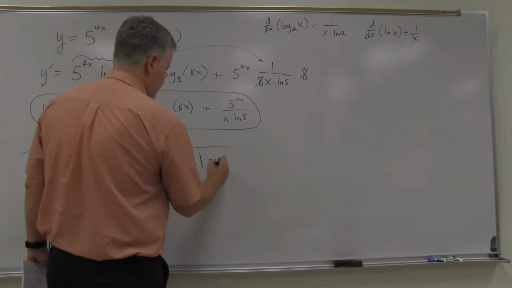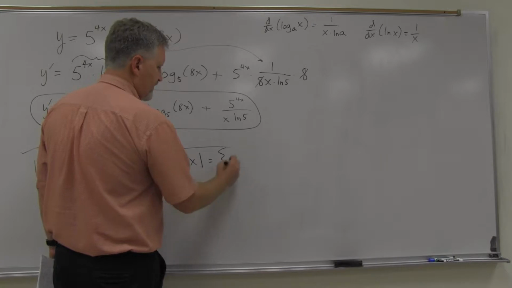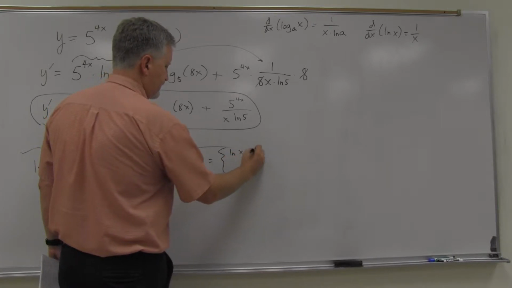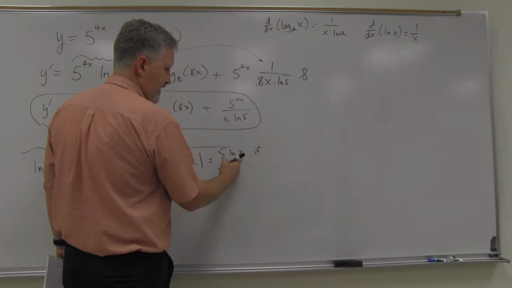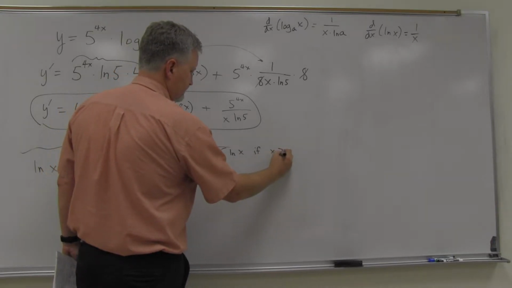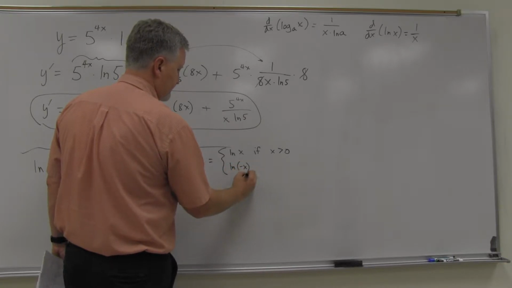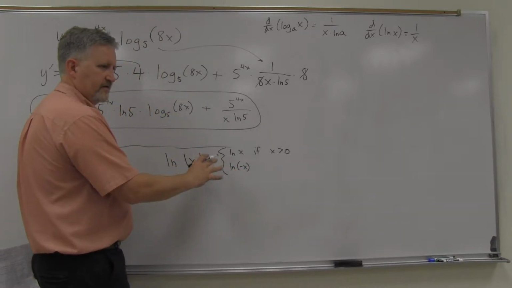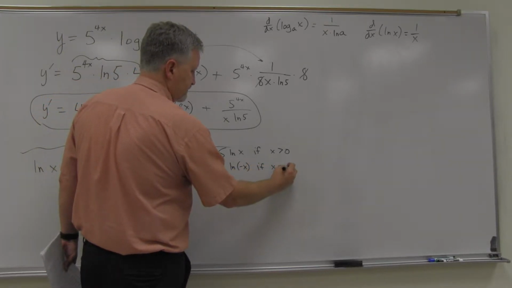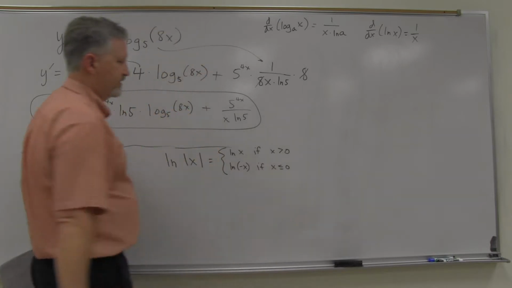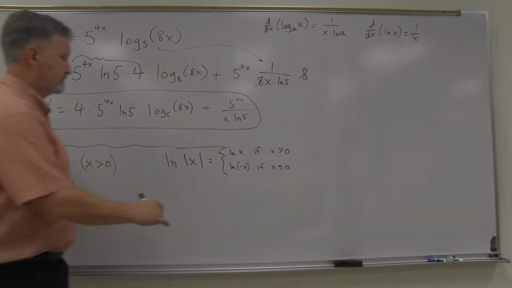So this function, absolute value of x, is x if what? Well, just x, if x is greater than 0. It's negative x, the negative, if x is less than 0.